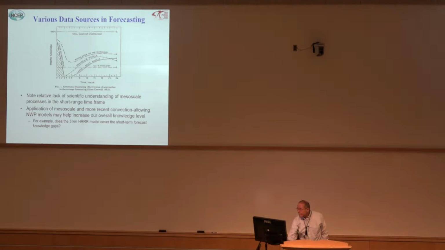But one of the things that you notice in here between forecast hours 0 and 9, say, and particularly 3 to 9, is that we have a gap in our knowledge of meteorology. What's happening in the shorter time frame on the smaller scales can be very difficult to know. The models help somewhat, but not as much.